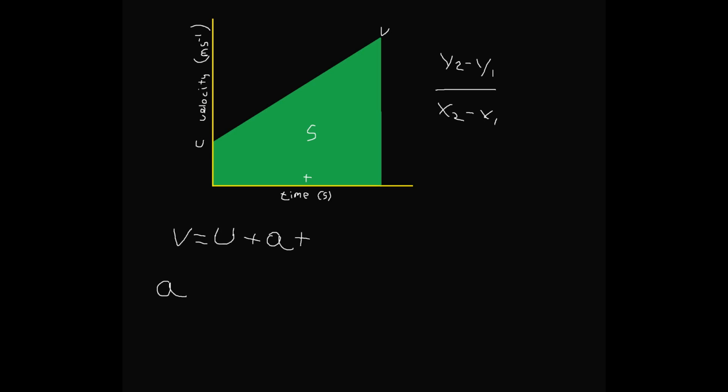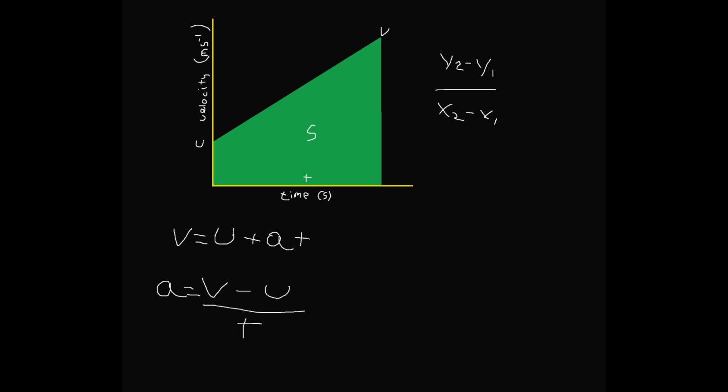In this instance, our y2 value is v, and our y1 value over here is u. So v minus u. And our x2 minus x1 is just time over here, because this is change in time.